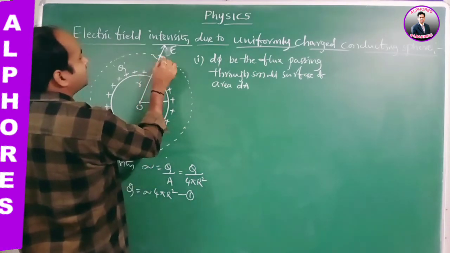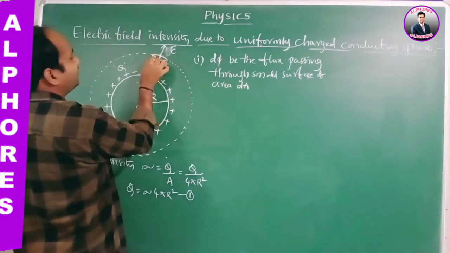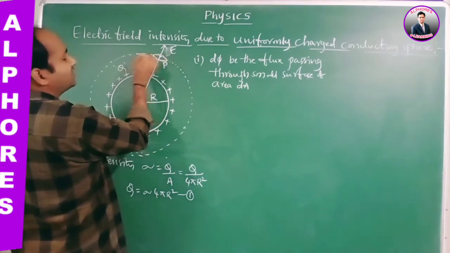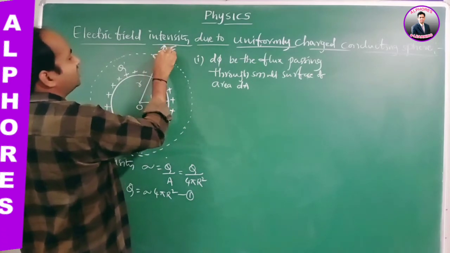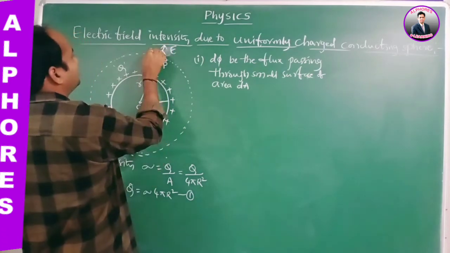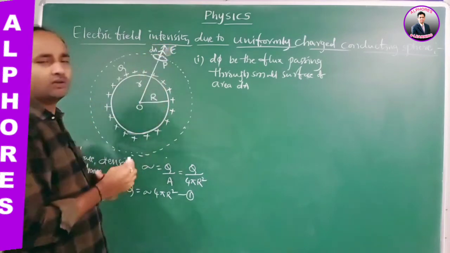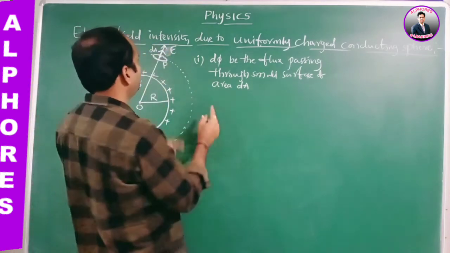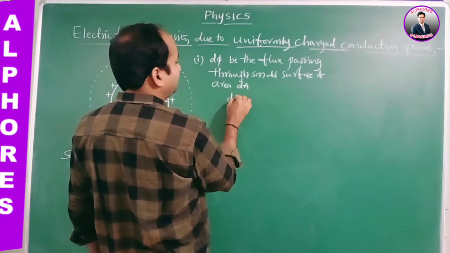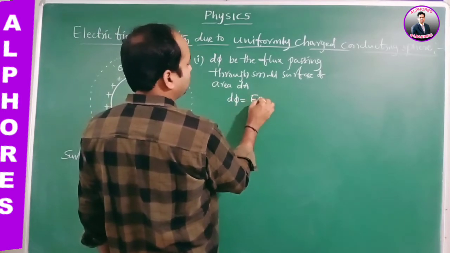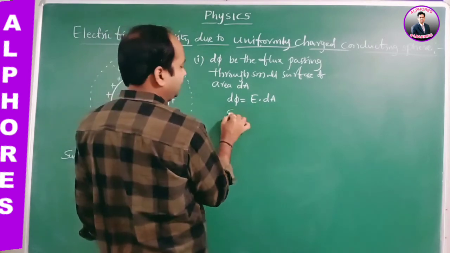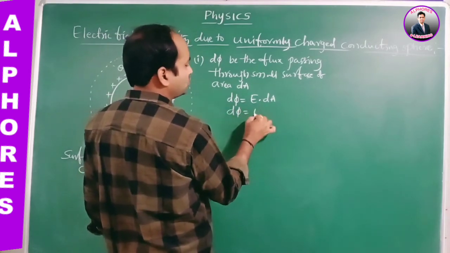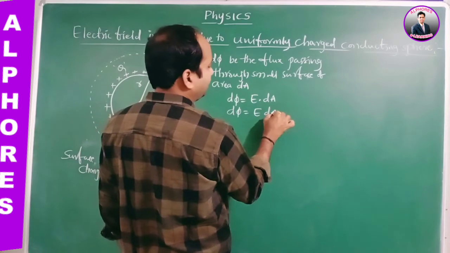Let us consider a small part of this Gaussian surface of area dA, normal and outwards. This is dA. Now what is the flux through this surface? We are saying it is d phi. d phi is equal to E dot dA, and both are in the same direction here, so d phi is equal to E dA cos theta.